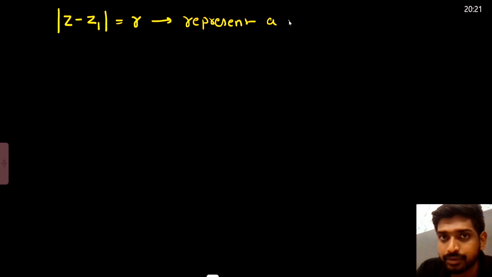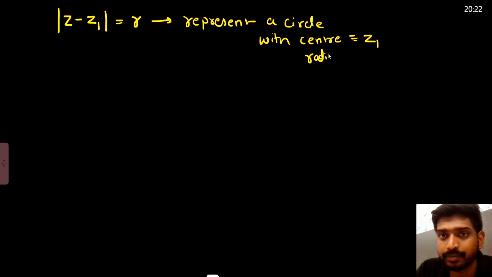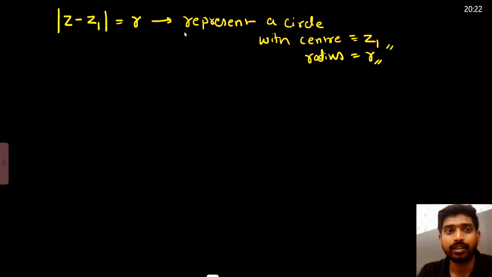That means this will represent a circle with center as z1 and radius as r. Got it?